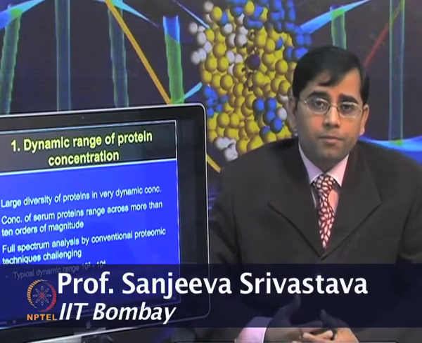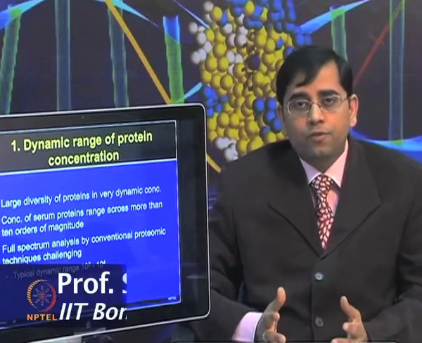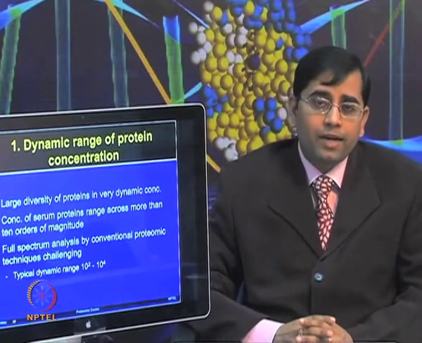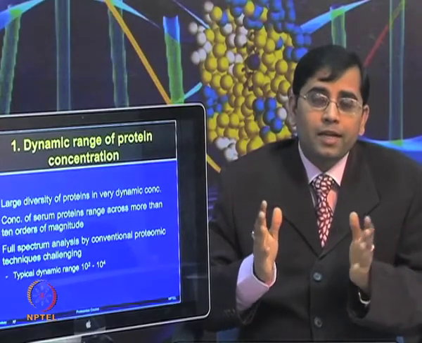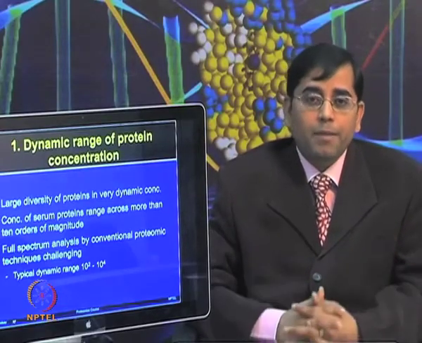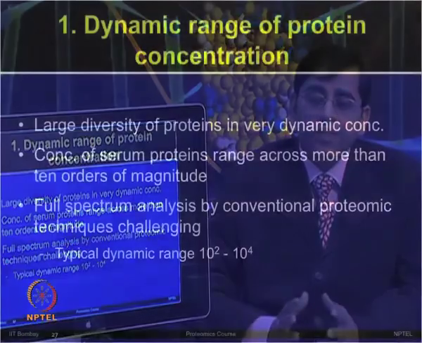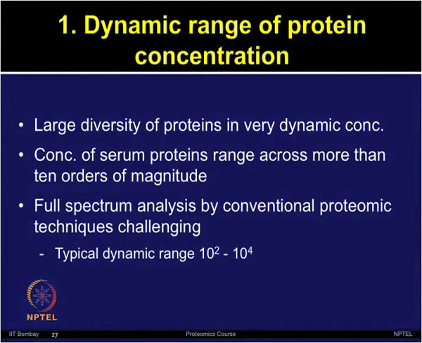In serum, there is a large diversity of proteins which provide a very dynamic environment of almost 10 to the power 10 magnitude. So, the concentration of serum proteins ranges over more than 10 orders of magnitude.